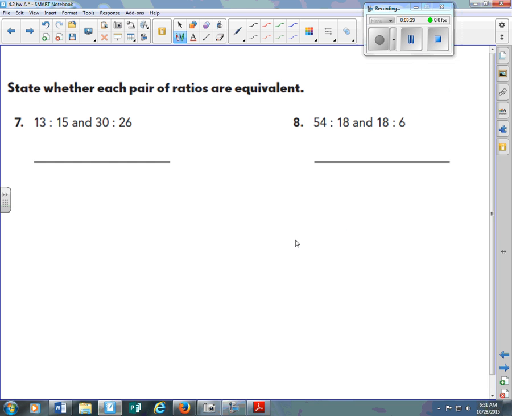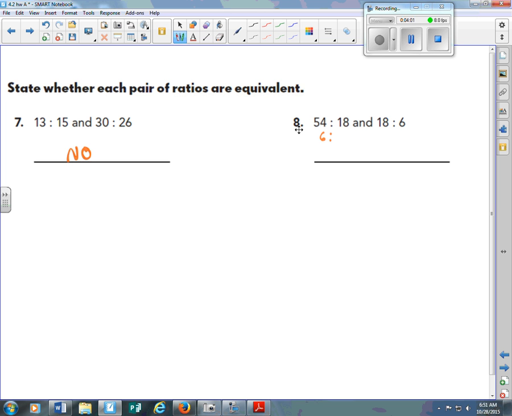State whether each pair of ratios are equivalent. And we look and we say, this is 13 to 15. 13 is a prime number. It does not go into 30. Answer is no. Look here. We have 54 to 18, and we have 18 to 6. I would probably divide both of these by 9 to reduce them down. 9 times 6 is 54.